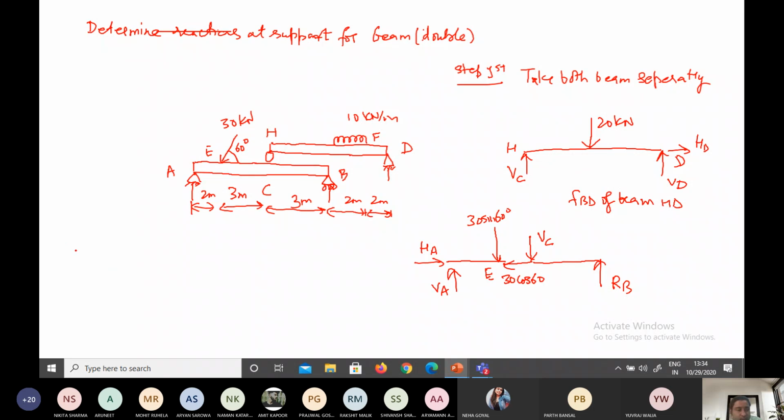From there, tell me the value of VC and VD. Step 2. Sir, VD is coming 11.42 and VC 8.58. Yes. And sir, VA is coming 22.71 and VB is coming 11.85. Yes, good, very good.